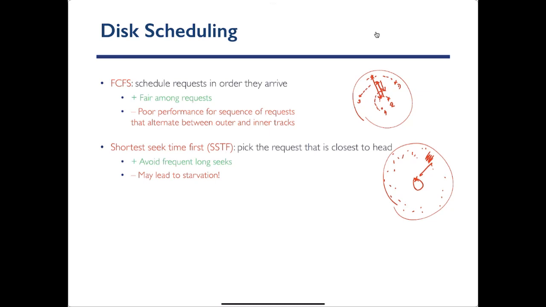So the first one was very good for fairness, bad for performance. This one is really good for performance, bad for fairness. So can we find a middle ground?